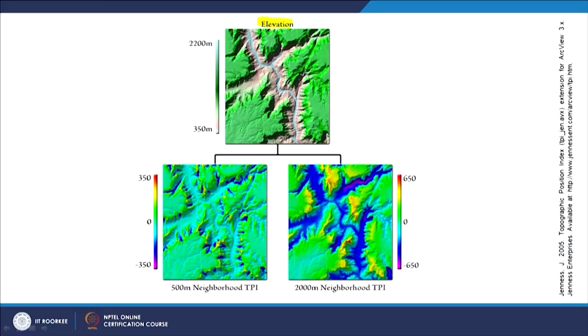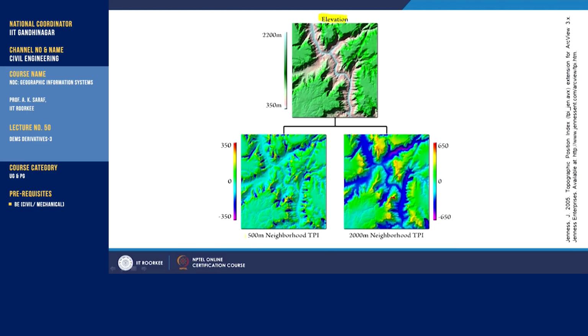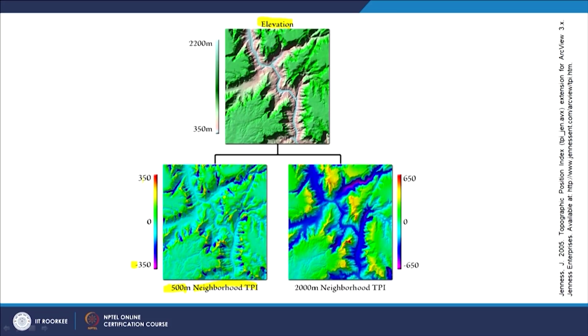When the scale, or spatial resolution of the digital elevation model, is 500, this is how the TPI has been determined, with the neighborhood TPI from minus 350 to plus 350. So you are seeing hardly a few hilltops identified in this scenario.